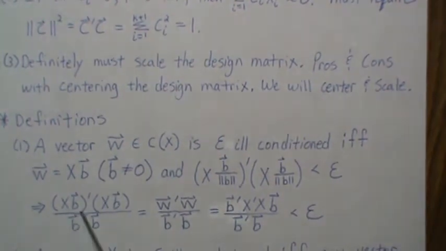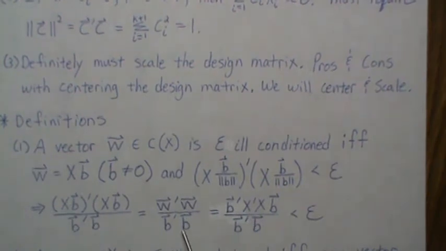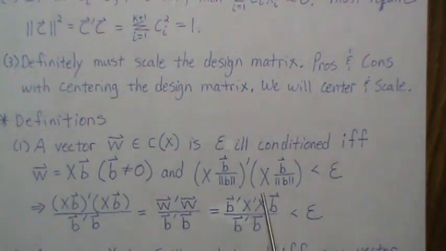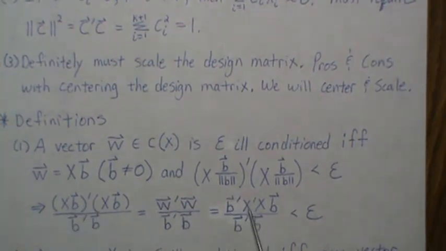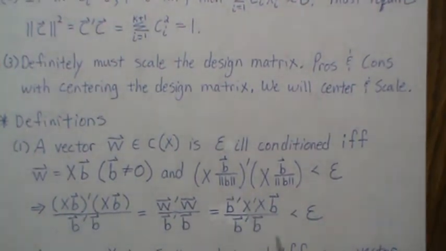But Xb is W, so W is the epsilon ill-conditioned vector. So the vector product over this product, this is the same as this, is the same as this, but W, of course, can be thought of as this. If you take the transpose in, you get this. So all 4 of these are less than epsilon.